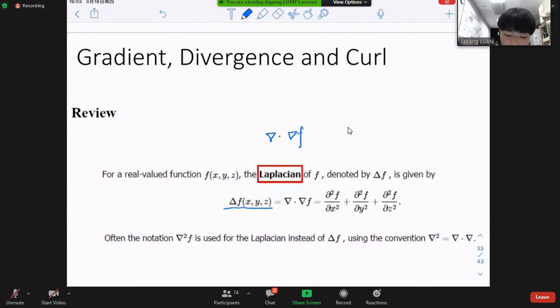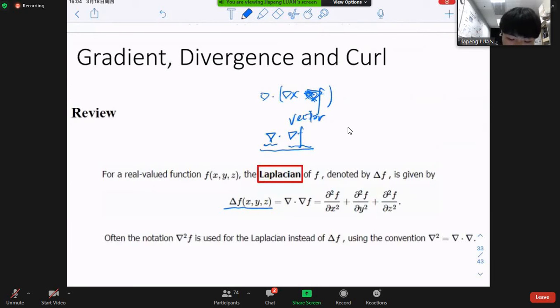And before you calculate this, when you put a lot of operators here, like something like this, the first thing you need to know is what this is: a vector or a scalar. You can see that the gradient of f is a vector.